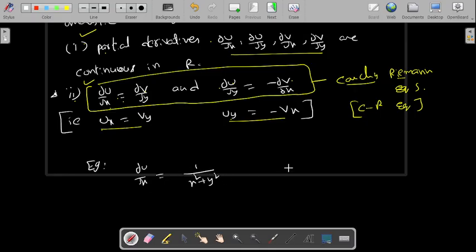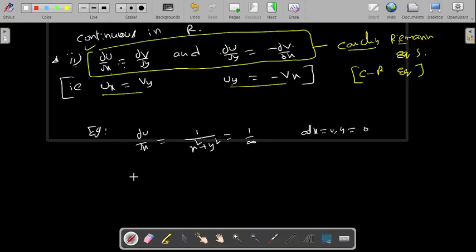Now you substitute x equal to 0, y equal to 0. What value will you get? You will get infinity. That means whenever you are getting infinity, it is not continuous. So ∂u/∂x is not continuous at x equal to 0, y equal to 0.